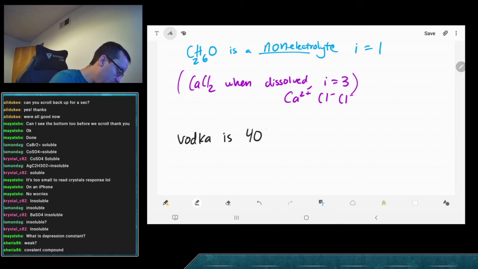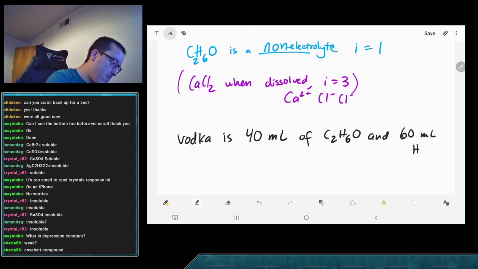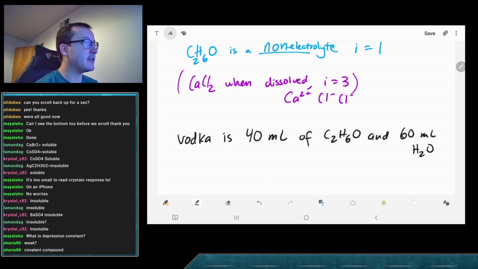Let's say it's 40 mL of ethanol per 60 mL of water. It's 40% ethanol. You know that if you take a look at your bottle of vodka, it's going to say 40% alcohol by volume. That's what this means.